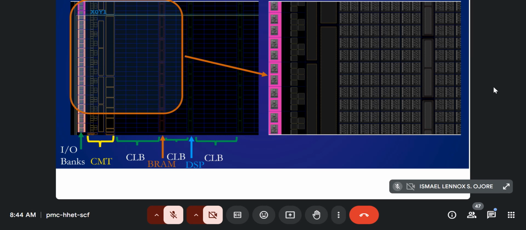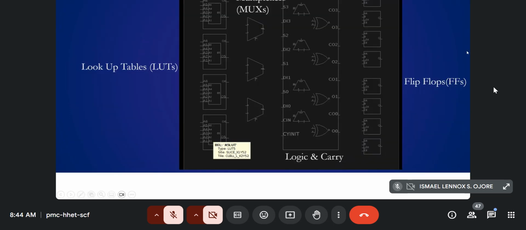And now if you zoom even further, you start to see the constituent components of these blocks. You now start seeing what actually is inside the configurable logic block. What are the building blocks for that? Inside the configurable logic block, these are more or less things that you have come across.